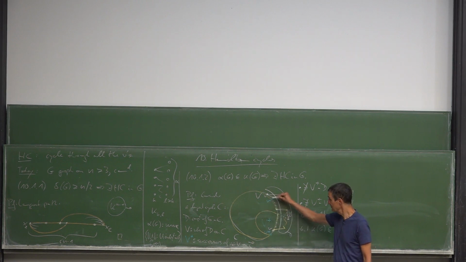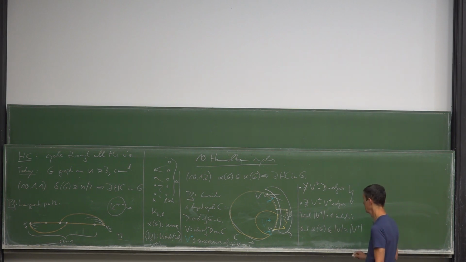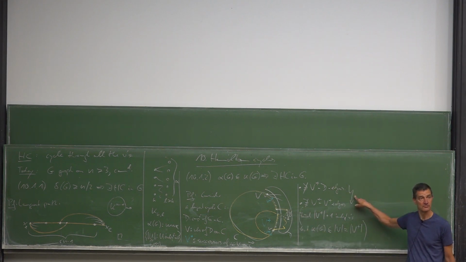Yes, there is, because the blue vertices are not in V. That's the explanation for why we have a contradiction.